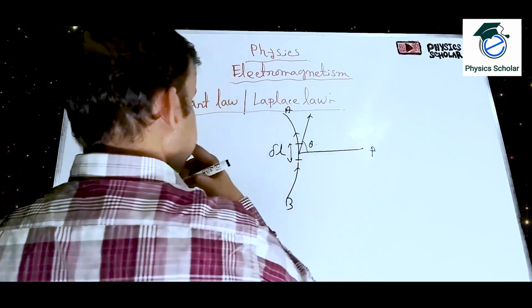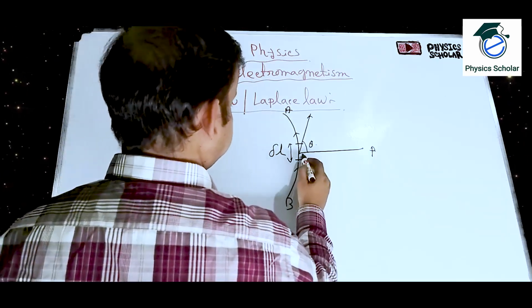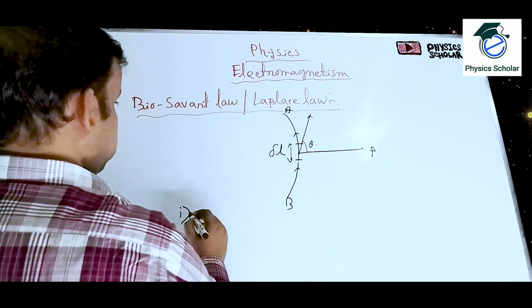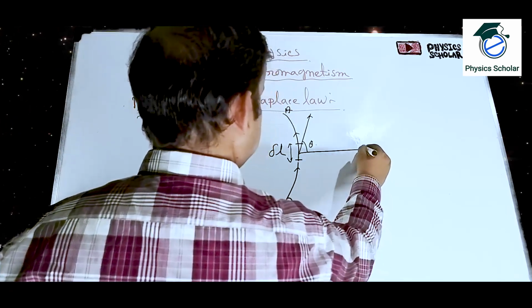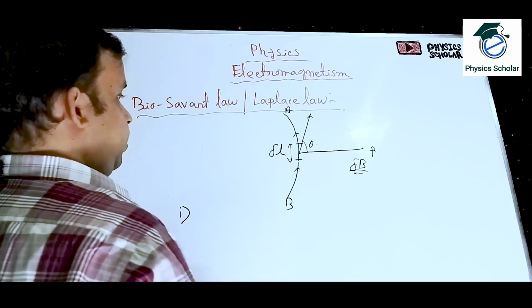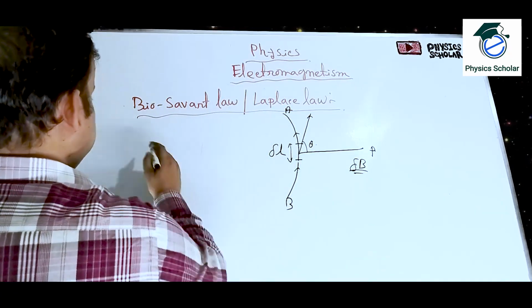Clear? Now the thing is that suppose the magnetic field intensity is delta B. For the length delta L, the magnetic field intensity is delta B. So what is the first thing?